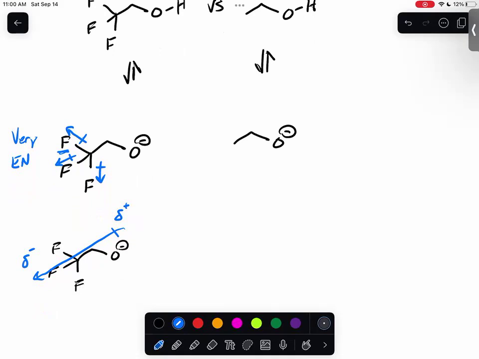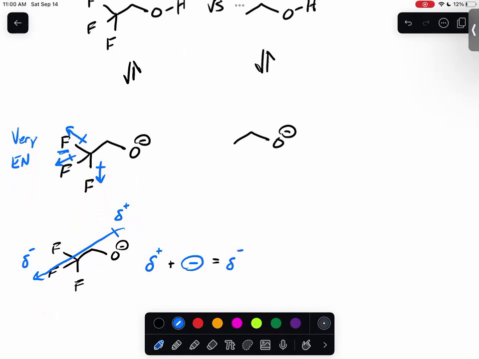And you'll notice that partial positive is pretty close to where our negative charge is. And essentially, the partial positive charge and the full negative charge, if you add those together, that's going to give us what is essentially a partial negative charge.